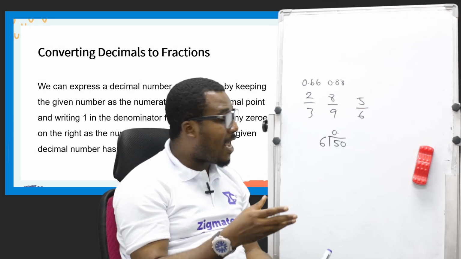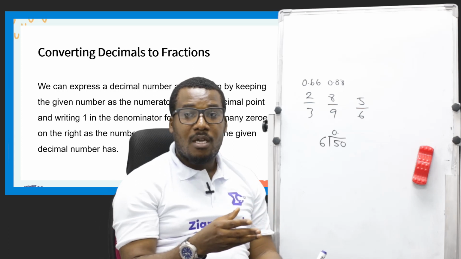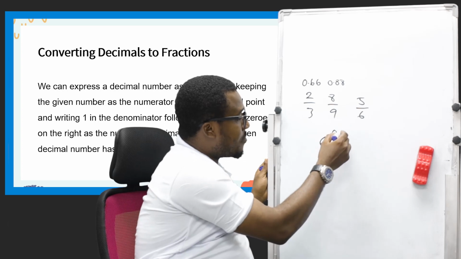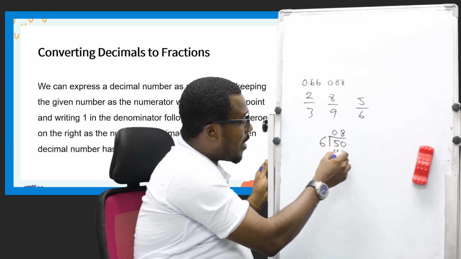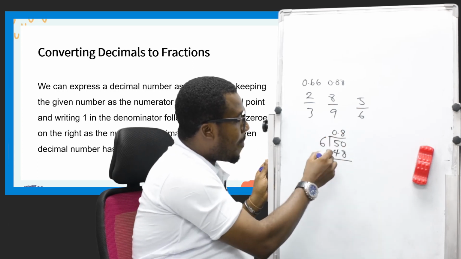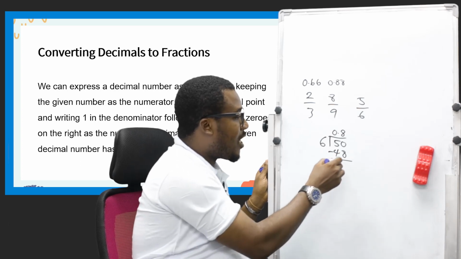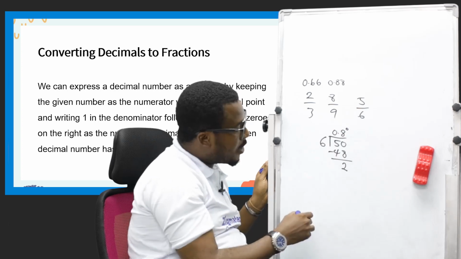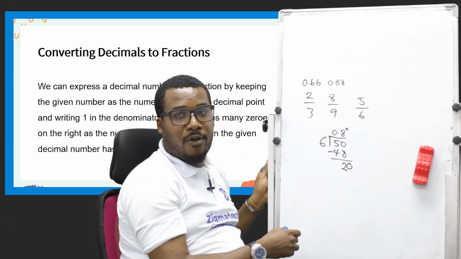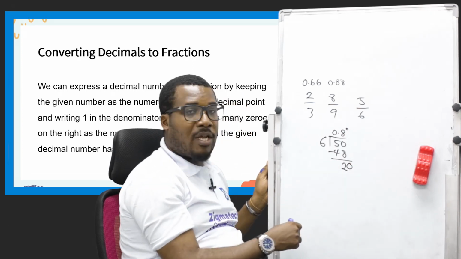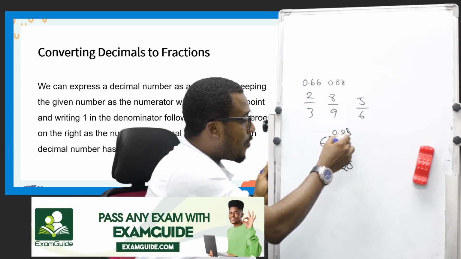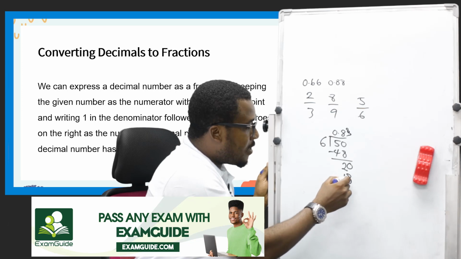My head tells me it's 8 times. 8 times 6 is 48. 50 minus 48 will give us 2. 6 into 2 will not go, so you put a little 0 and a bigger 0 here. 6 into 20, the closest is 18, which is 3. 3 times 6 will give us 18.